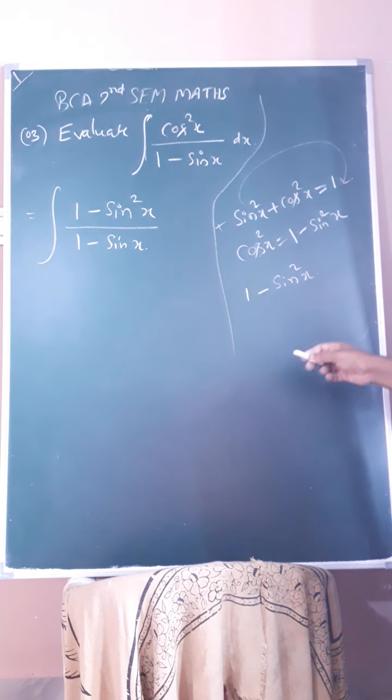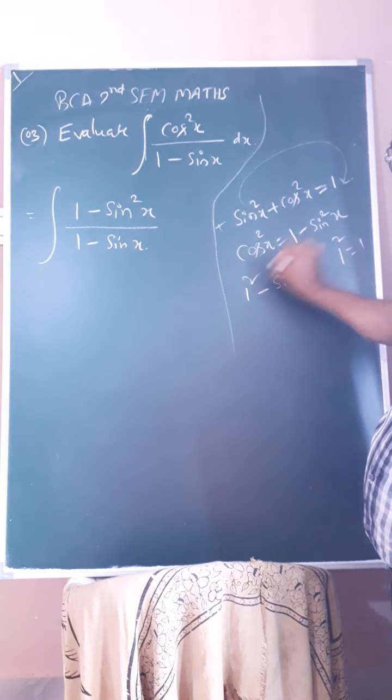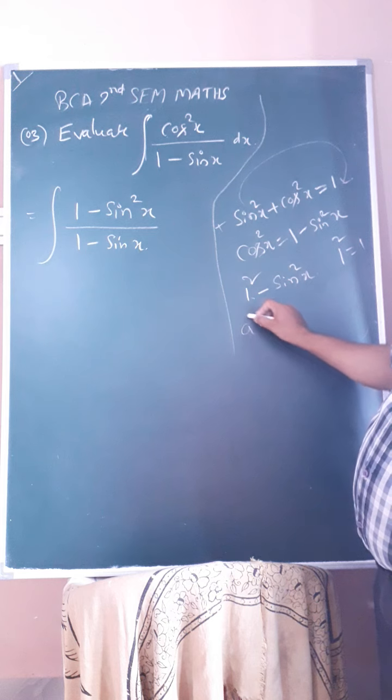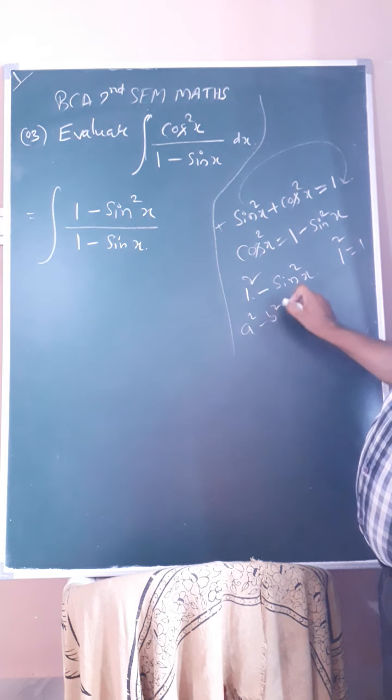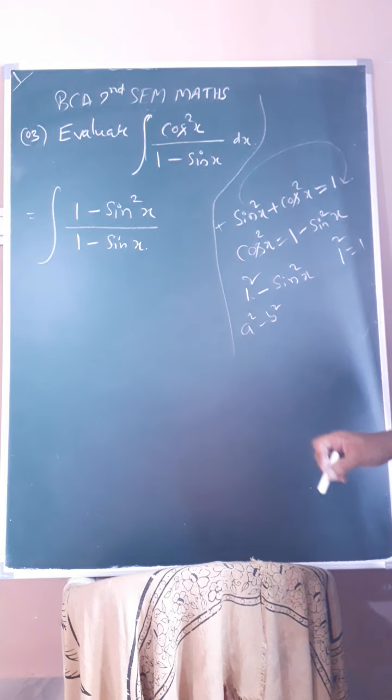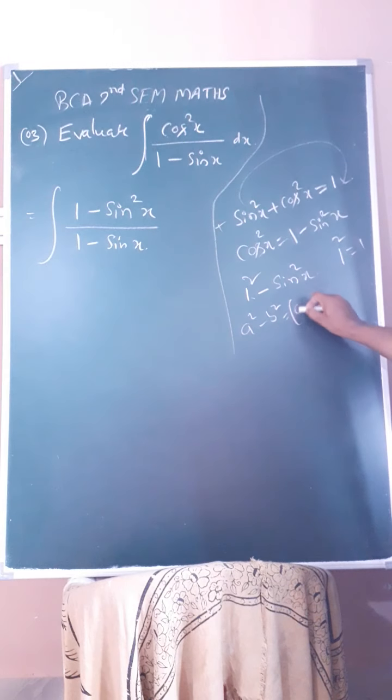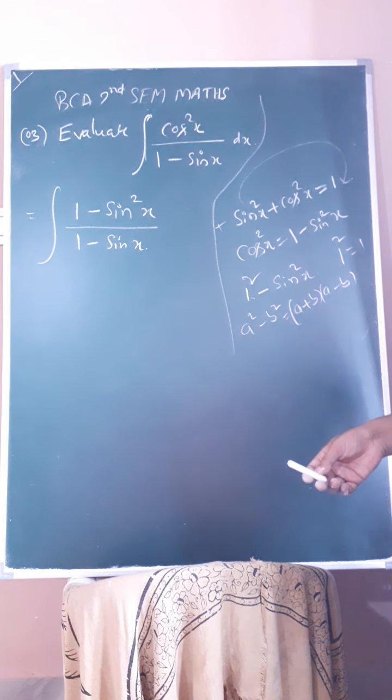It is in the form where we take 1 as 1 square, so it is 1 square minus sin square, that is a square minus b square. What is the formula? a plus b into a minus b, an algebraic identity.